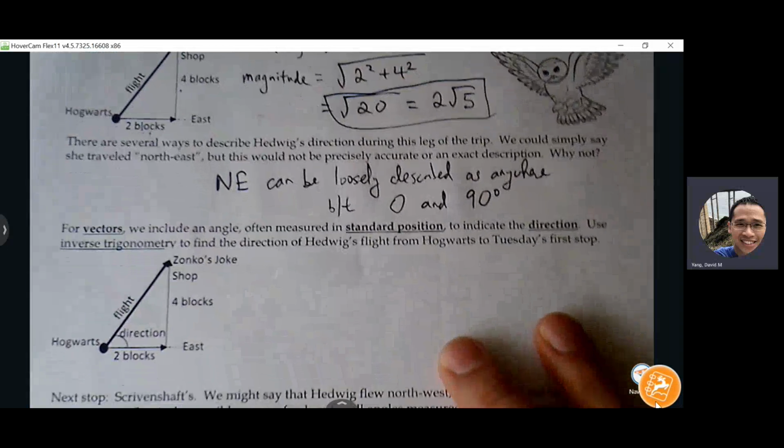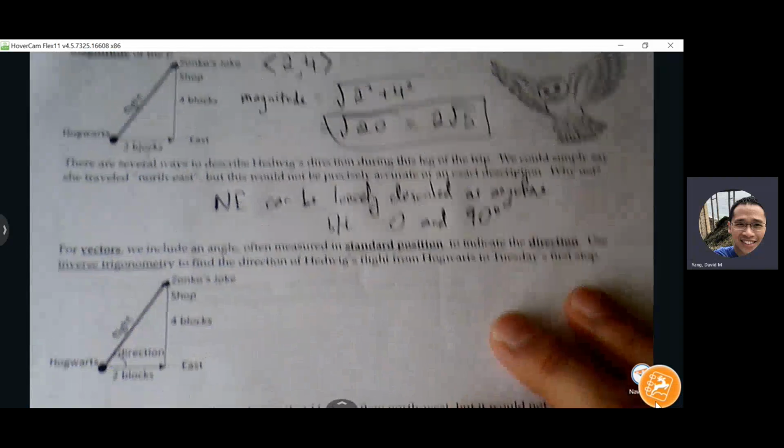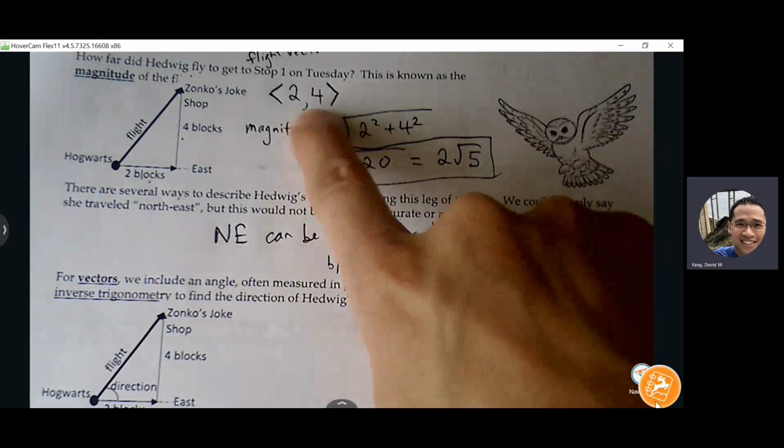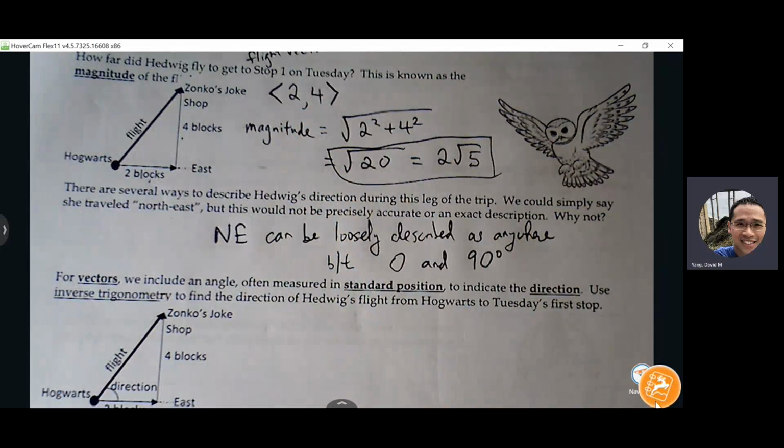But if we know component form, we can find the exact degree measure.